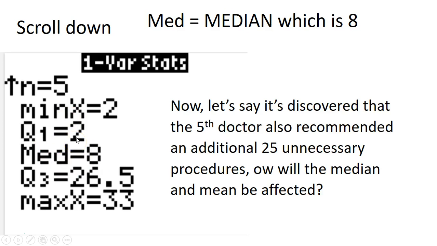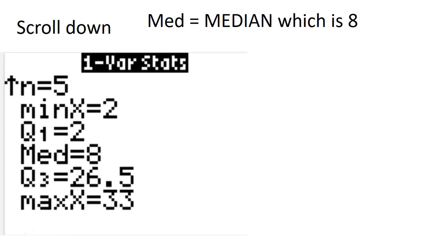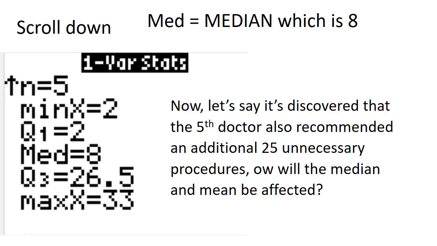So now, actually before we do that, look back here. Sample mean is 13, and the middle, or the median, is 8. So the difference between the two. But let's say it's discovered that the 5th doctor also recommended an additional 25 unnecessary procedures.